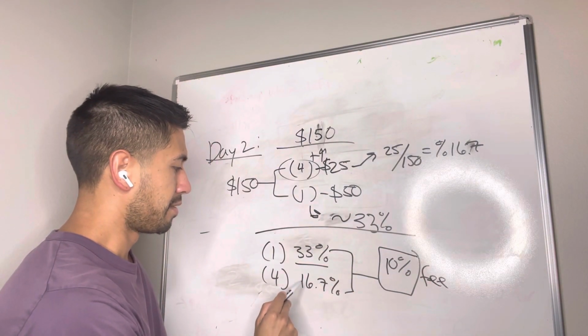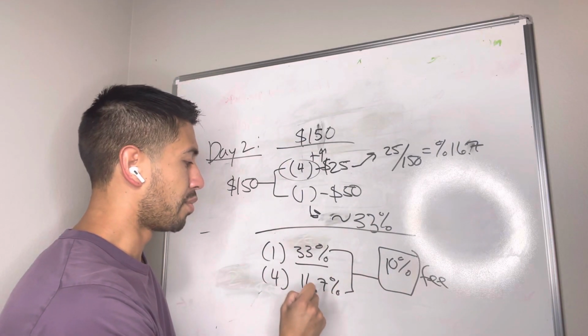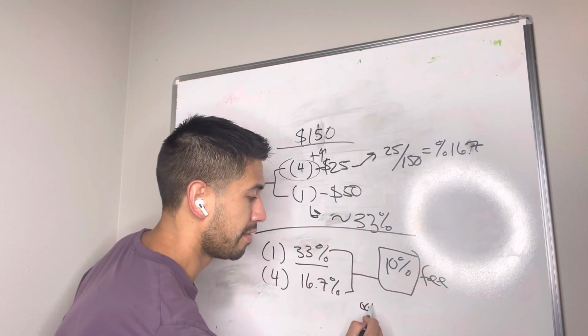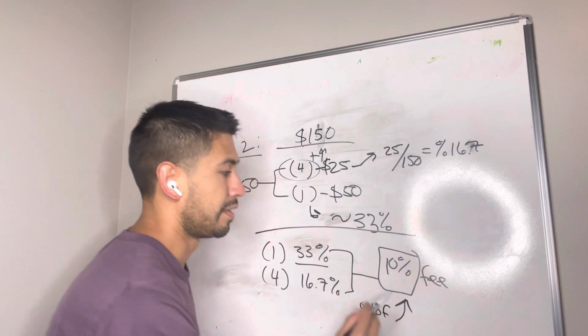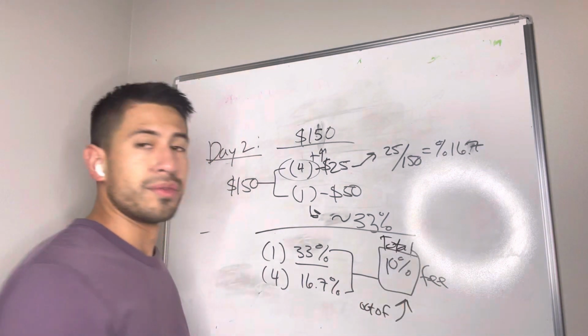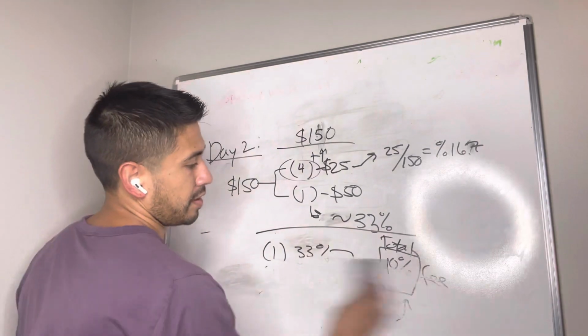And these 4 individuals will each get 16.7% out of the total 10% fee, right? So that's kind of a basic summary of how it works.